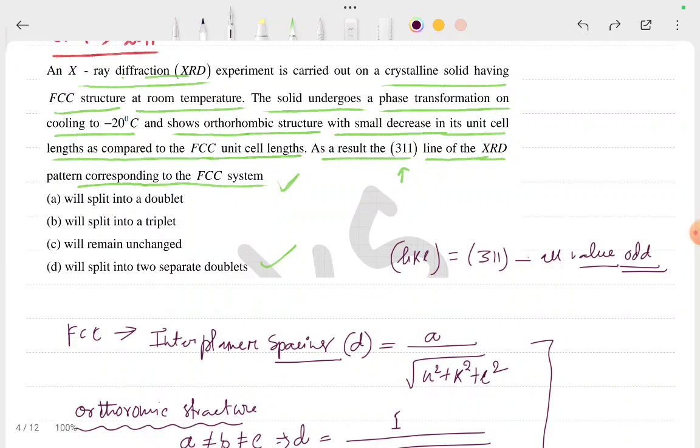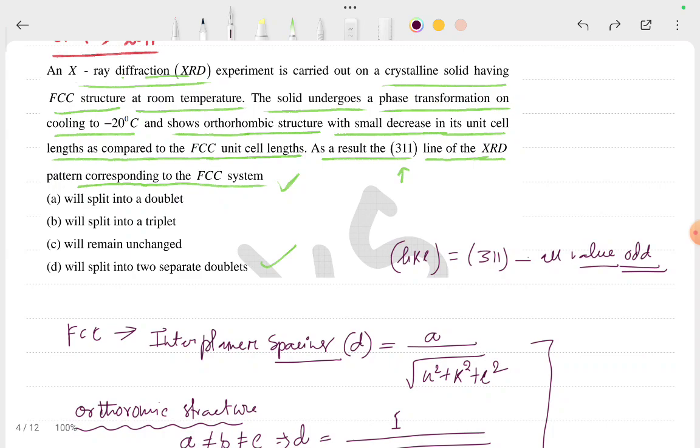So how many peaks means you can calculate the value of theta, Bragg's angle. Please remember this point. We already discussed this point. When you know the plane, we can calculate how many peaks are available, I mean the positions of the peaks. Theta, Bragg's angle. This was already discussed in previous lectures.